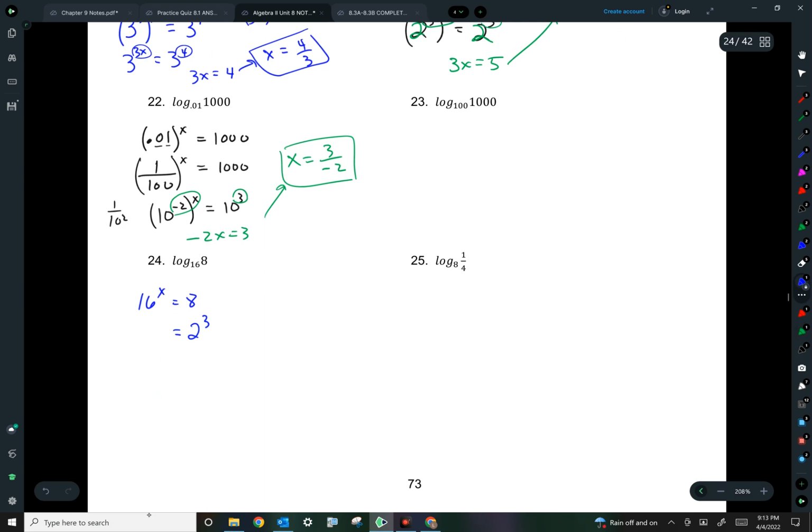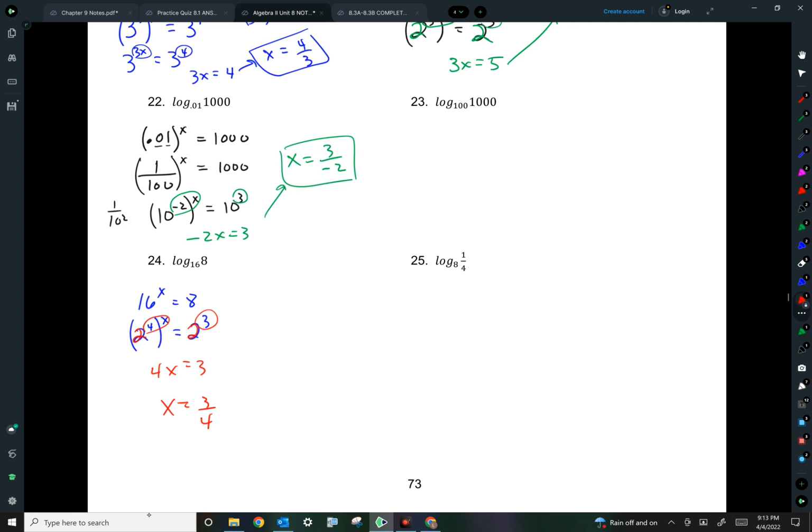Could I write 16 as a base of 2? Yeah, 16 is 2 to the 4th. And that 16 is being raised to the x. So now that I have the same base of 2, I could say this exponent of 4x has to equal this exponent of 3. So x equals 3/4.